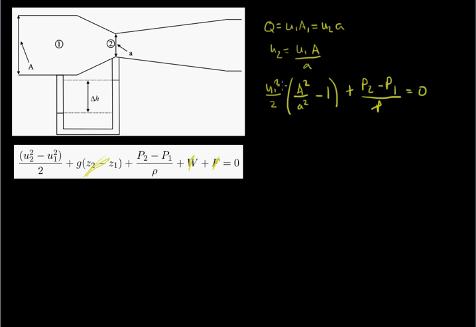Alright, so now we just want to use the manometer and the height of this fluid to express one of these or both of these pressure terms in terms of some other variable. So I'm going to just call this point alpha right here, call this point beta, and this point gamma.